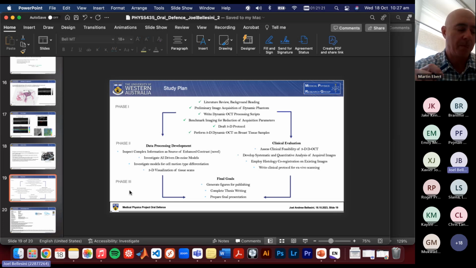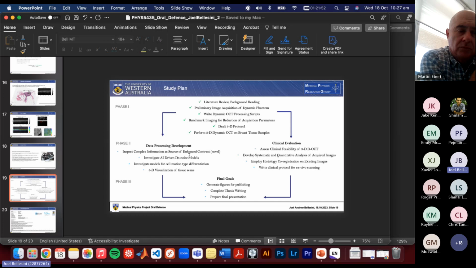I'd say these further extensions within the processing development are a little bit of a, I don't want to say plan B, but an if-time-permits sort of thing. I won't necessarily be upset if we get to the end of my project and haven't had the time to investigate these things. They are things to fall back on.